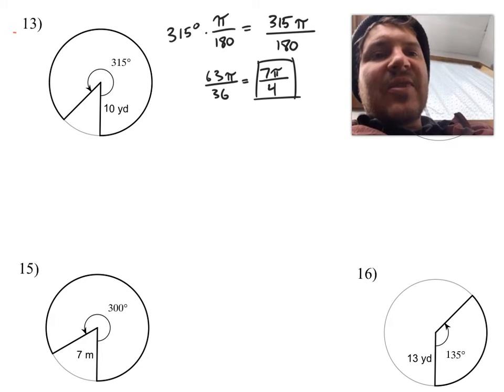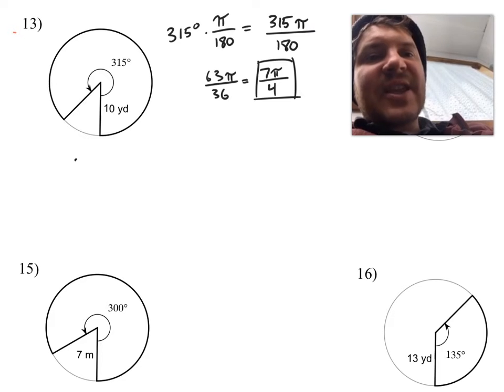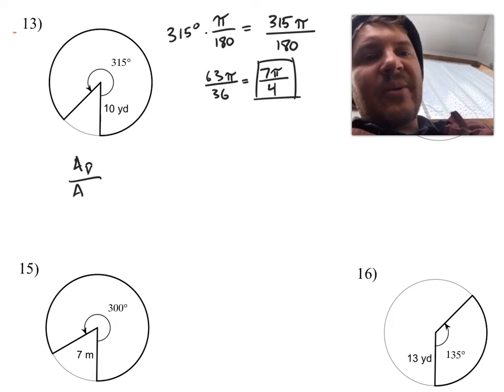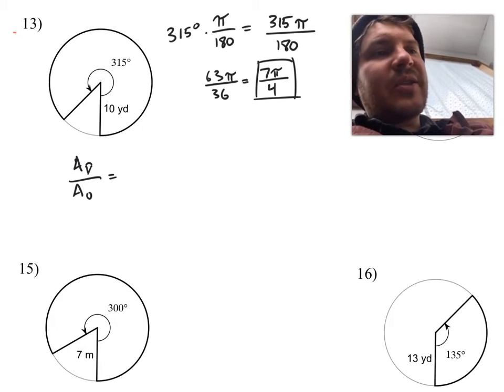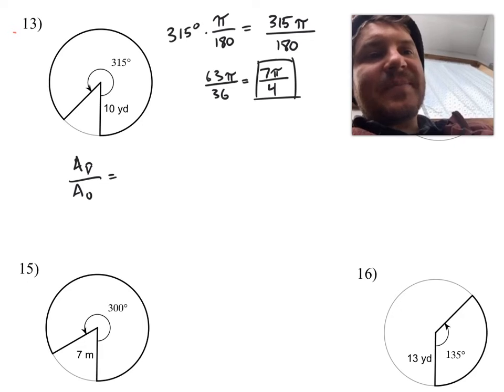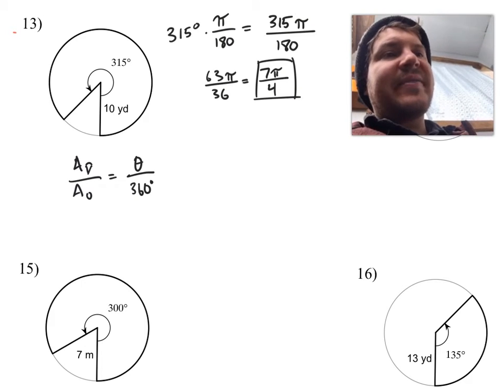Then we said that the area of the sector over the area of the circle would equal the angle out of 360. So the angle divided by 360 degrees. Now I'm finding the area of the sector.